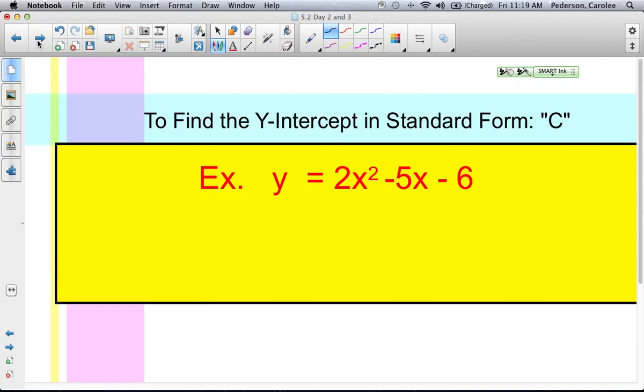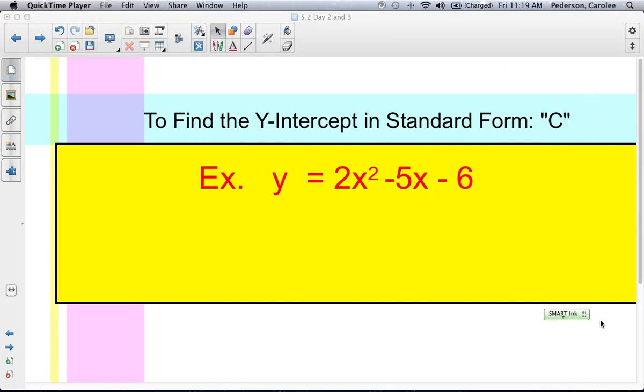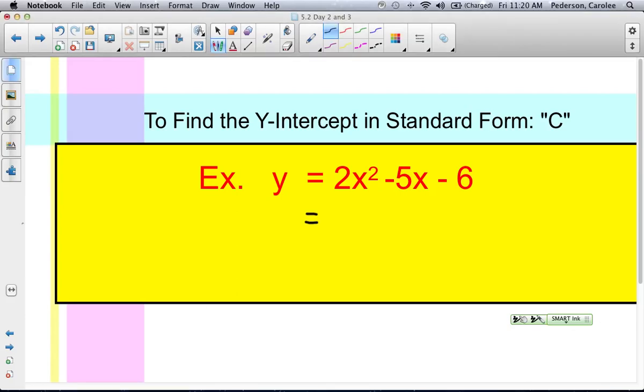Third example. This one I do want you to write down. I'm going to teach you how to do this problem two ways. The longer way and the shorter way. This is what we call now an equation in standard form. So we're going to go ahead and do the method we've done the last two examples. We're going to substitute 0 in for x.